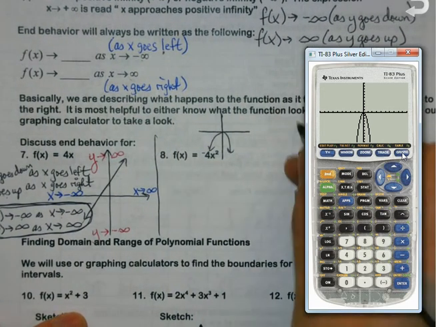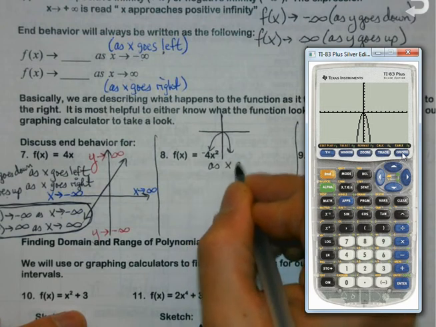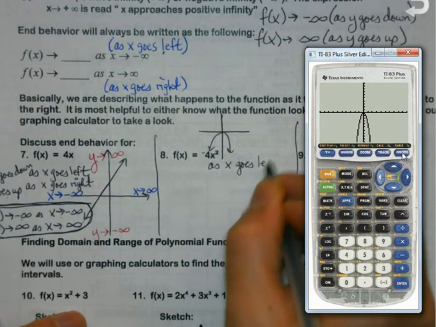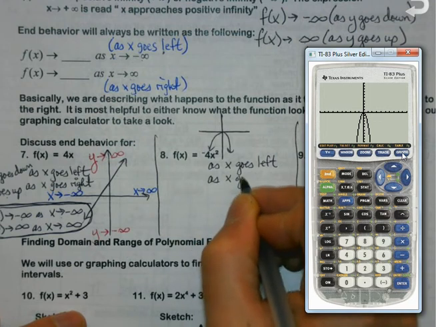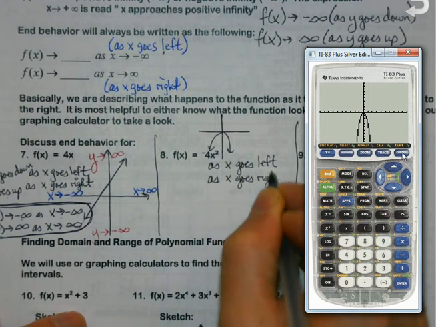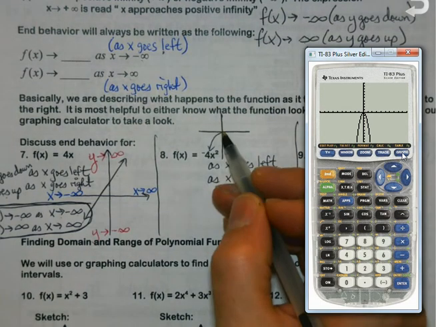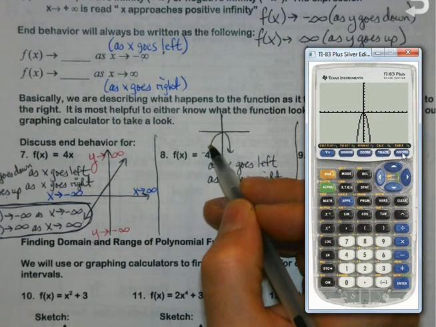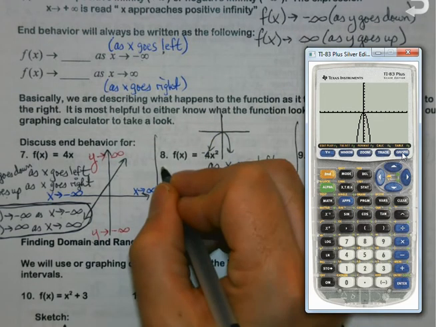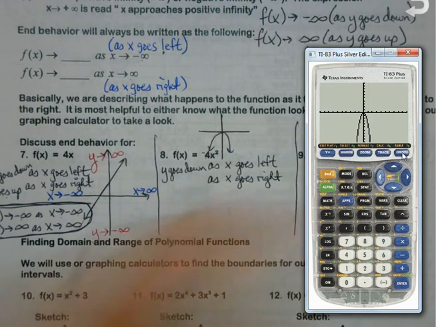I need to know what y does as x goes left, and I need to know what y does as x goes right. And I can always deal with all the funky language stuff later. So if I start here and I start moving to the left on the graph, what direction is y going in? Down. So y goes down as x goes left.